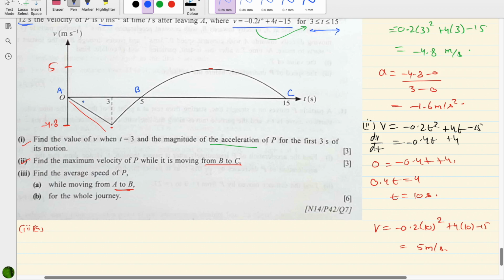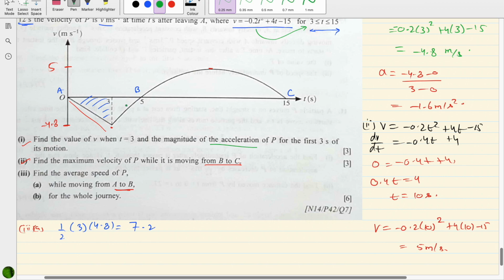One is the triangle in the graph, I need this area, and the other is the area under the curve. So we'll use the equation of velocity to convert it into a distance or displacement equation. First section is the area under the graph, 1 by 2 into base into height. So 0.5 into 3 into 4.8 gives us 7.2.